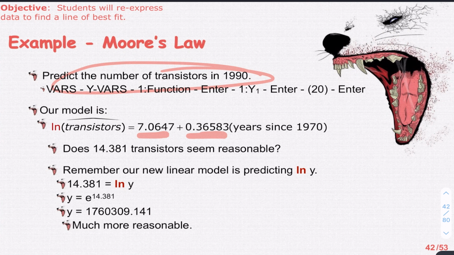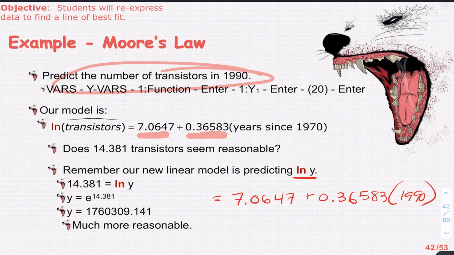Remember, our new linear model is predicting ln of y. So if I plugged in 0.36583 parentheses 1990, that's not what y is equal to. That's what ln of y is equal to.